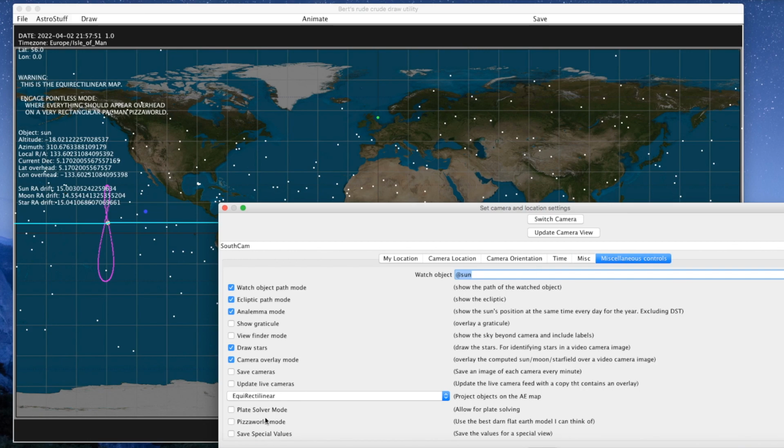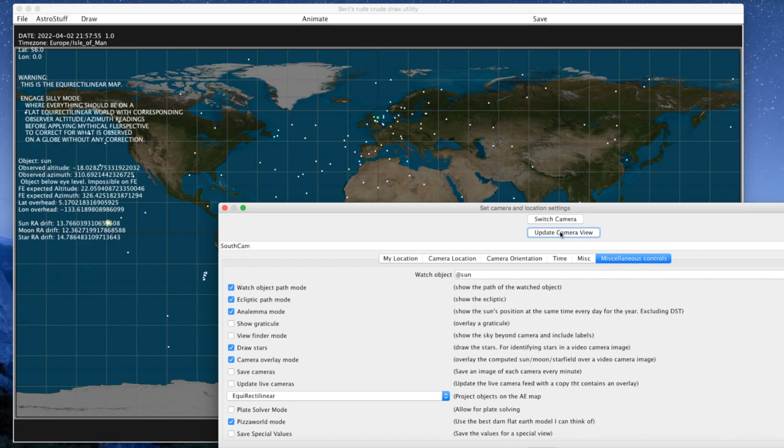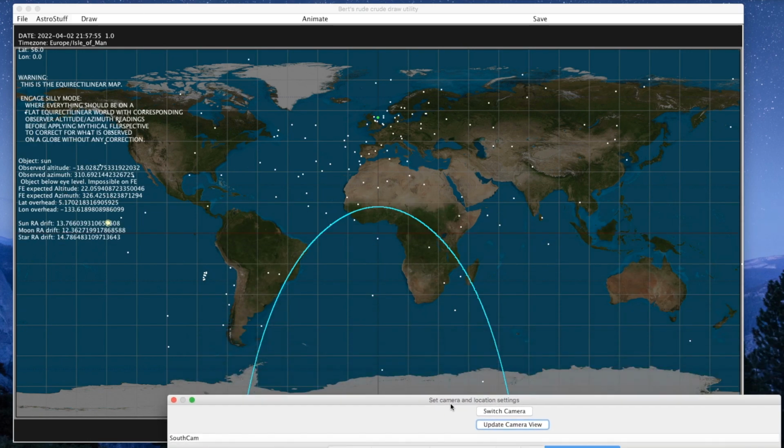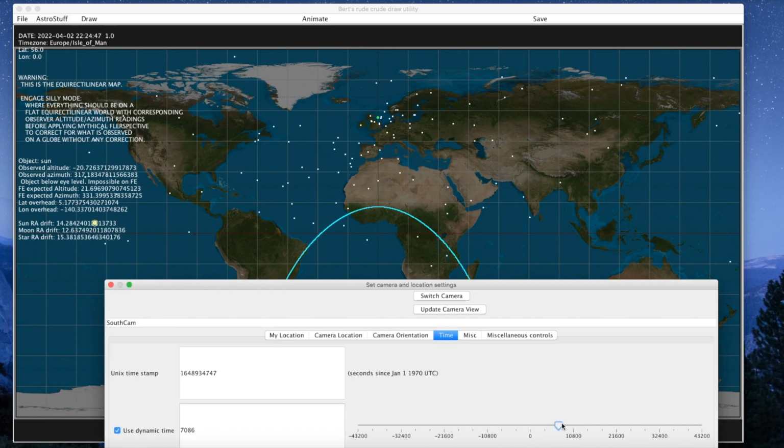And what if we try projecting where things should appear on a flat Earth?